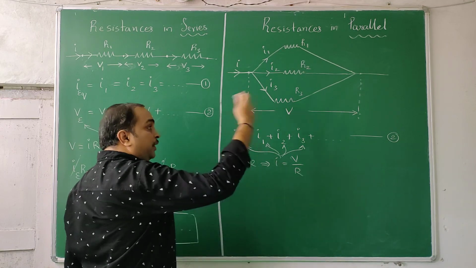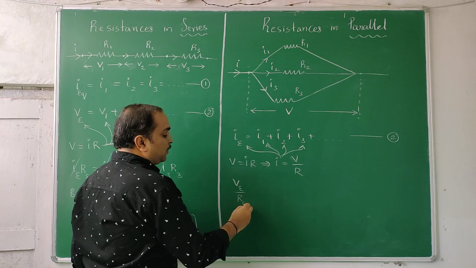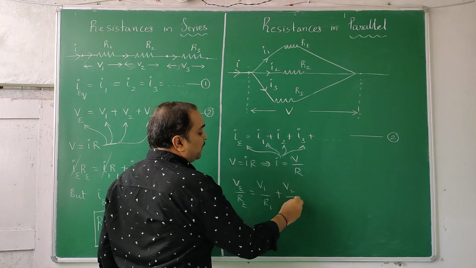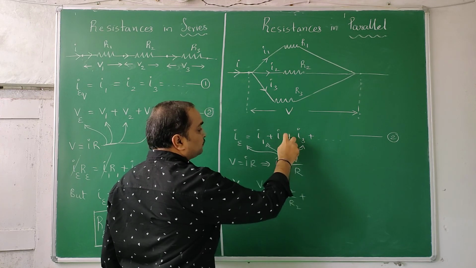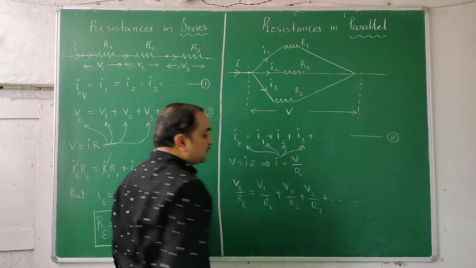What is the total that we are going to get now? I equivalent can be written as V equivalent by R equivalent, equal to V1 by R1 plus V2 by R2 plus V3 by R3, and so on if more resistors are there.